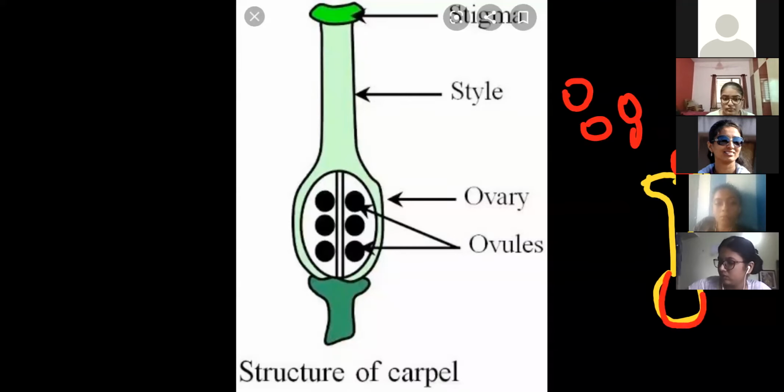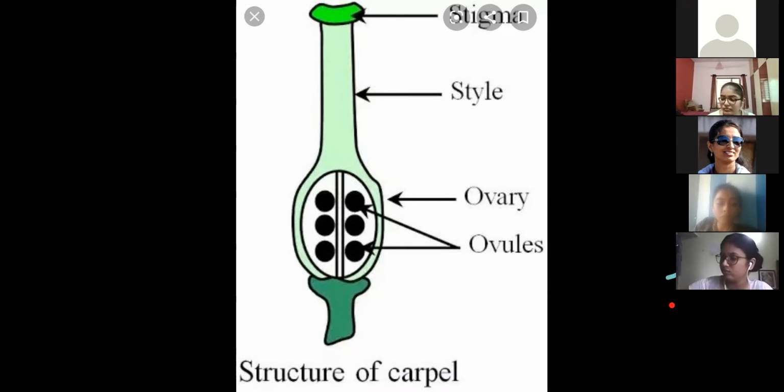So basal part we call ovary in which ovules are born. Then next to that elongated tubular structure we call style, and on the style stigma is present which has the receptivity for the pollen grains, right?